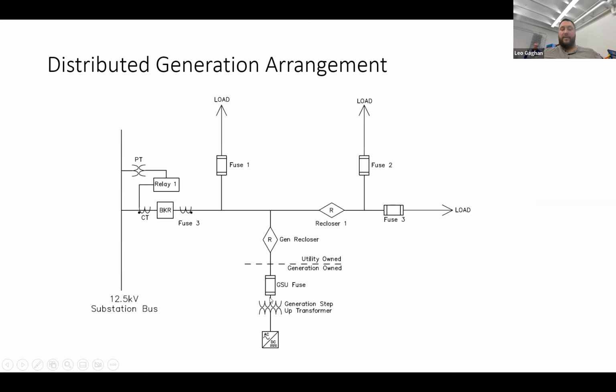And very often this ground source here, although it increases the total fault current, will reduce the fault current through this branch. So we would need to make sure that this relay has adequate sensitivity to still be able to reach and protect the entire line.